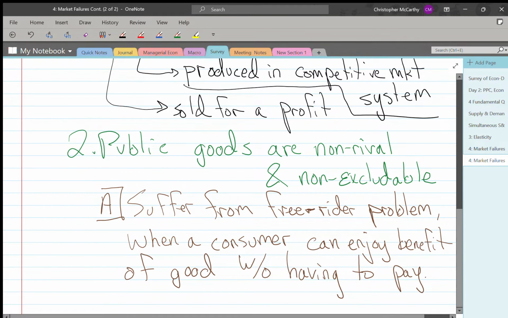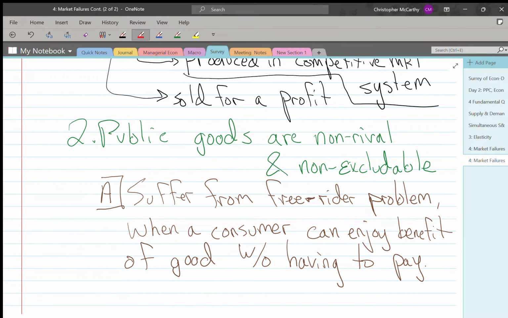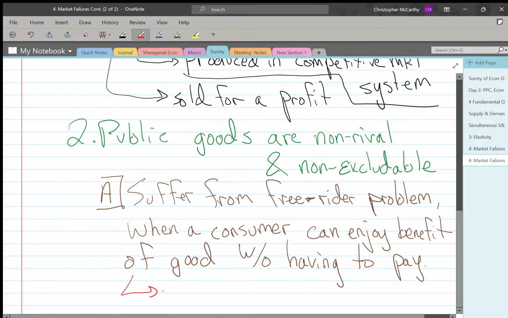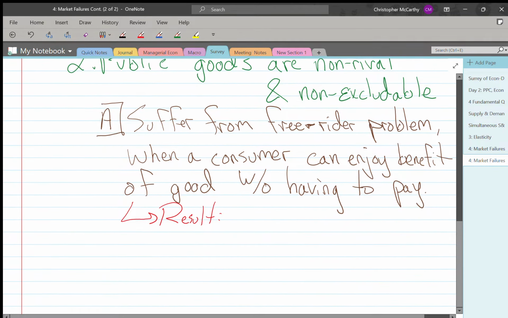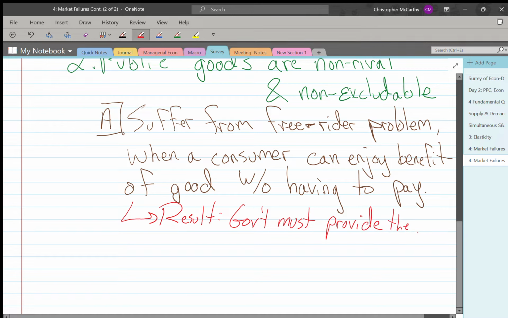As a result of free riders, the government steps in to provide the good. Otherwise, there'll be an under-allocation.